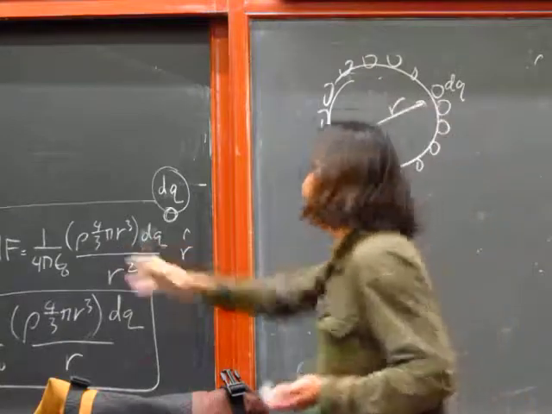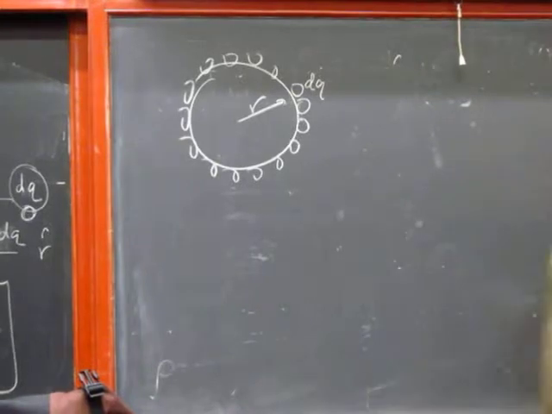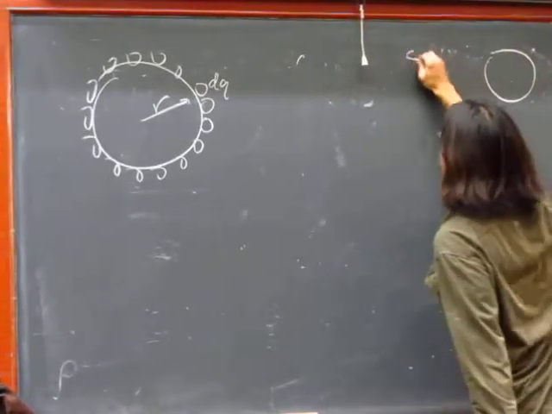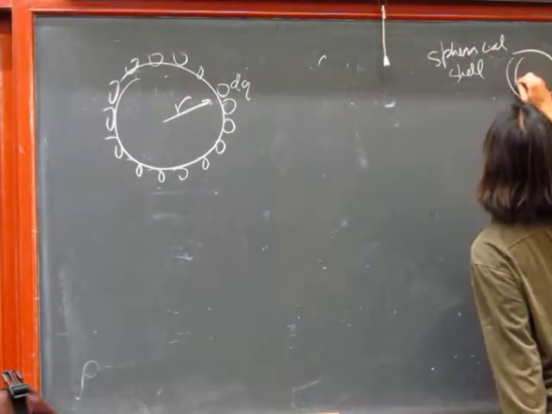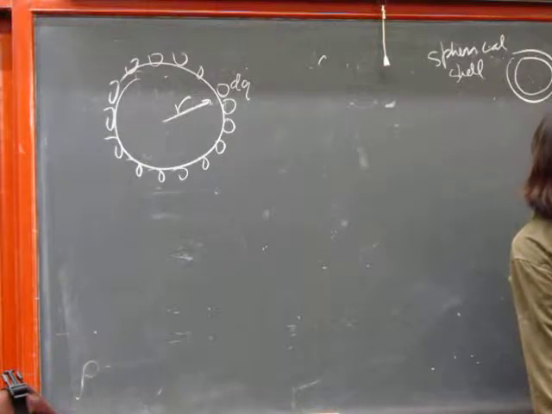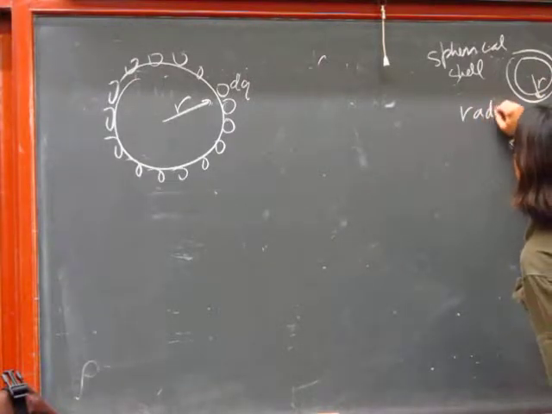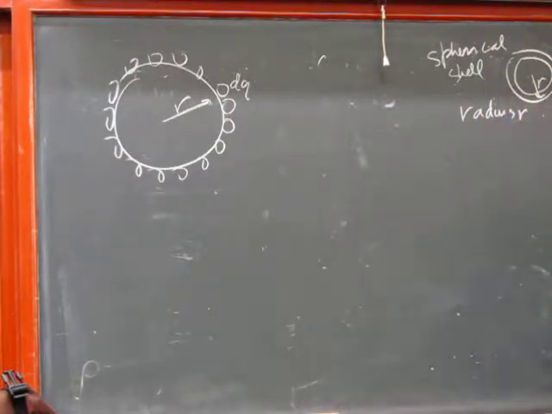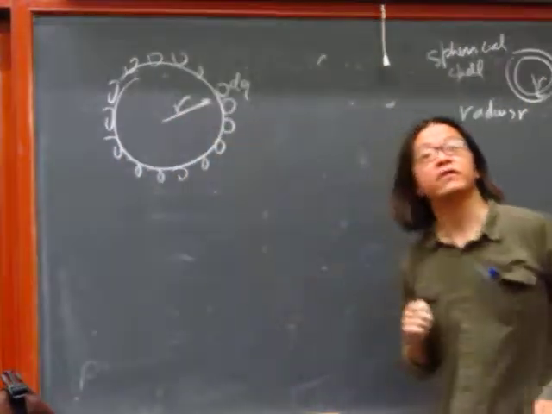So, in practice, when I actually do this integral, I'm going to bring a spherical shell of radius R with a thickness dr, and I just put it on top of the sphere.